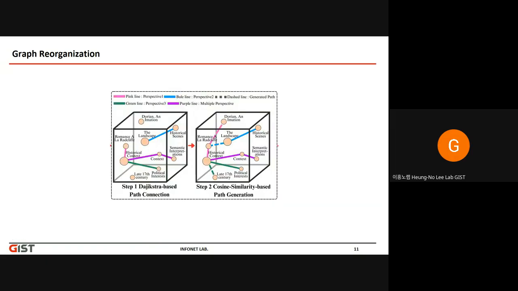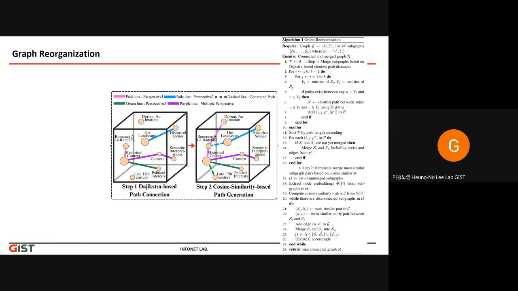There are 2 steps in the graph reorganization. The first step is path-based integration. It tries to connect the subgraphs using paths that already exist in the original knowledge graph G. For each pair of subgraphs, we run Dijkstra's algorithm to find the shortest path, and it merges the ones with shorter paths first.